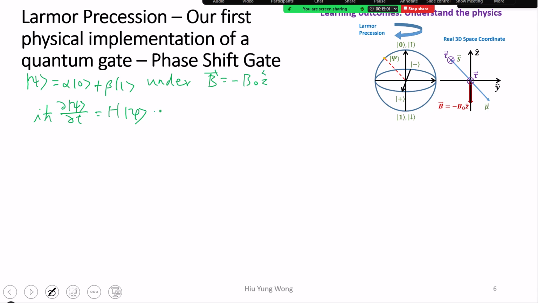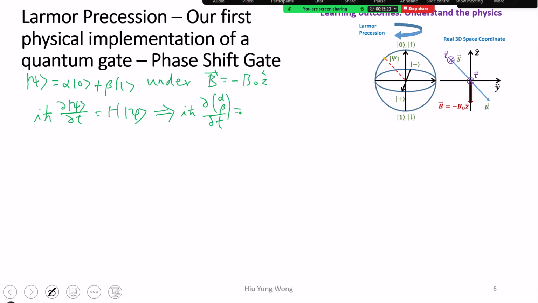Of course, what is the state now? The state is alpha, beta. I write it in the column form. We had this before already. i h bar partial t equals, and what is the Hamiltonian? We actually know that already.